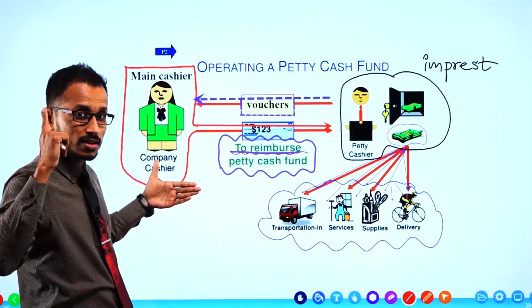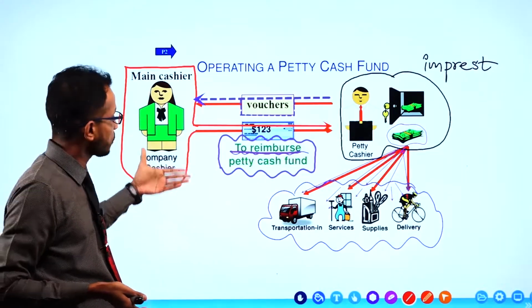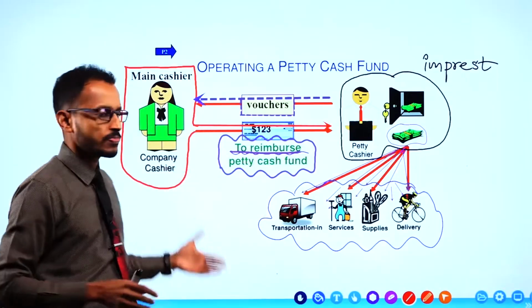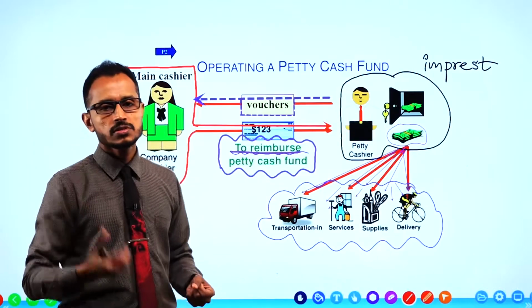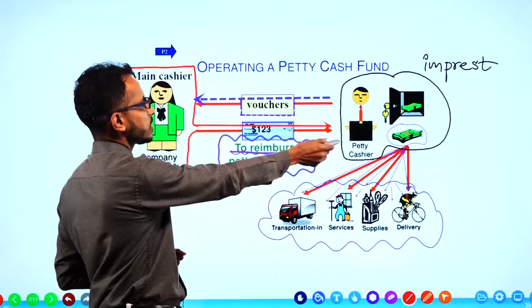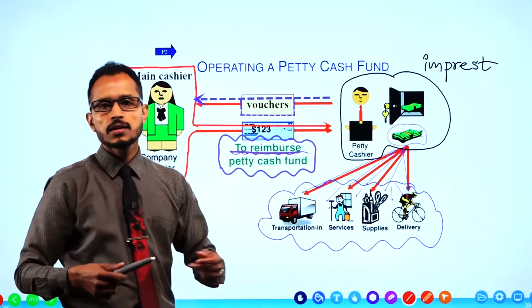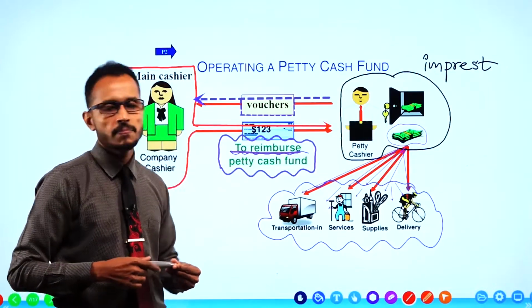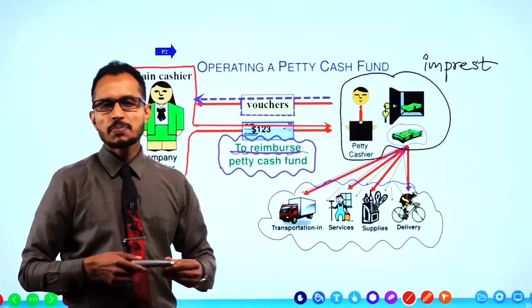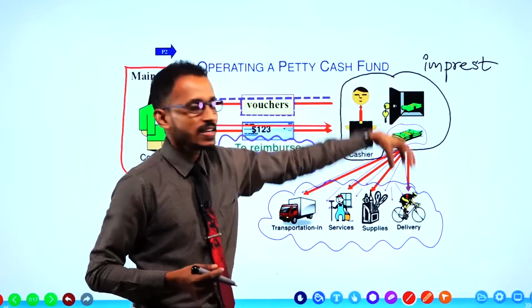Then only after going through the vouchers, the main cashier confirms that this amount is really spent, and refills that amount back to the petty cashier at the end of the month. Hands over that amount which is spent. From that amount, the petty cashier refills his imprest.